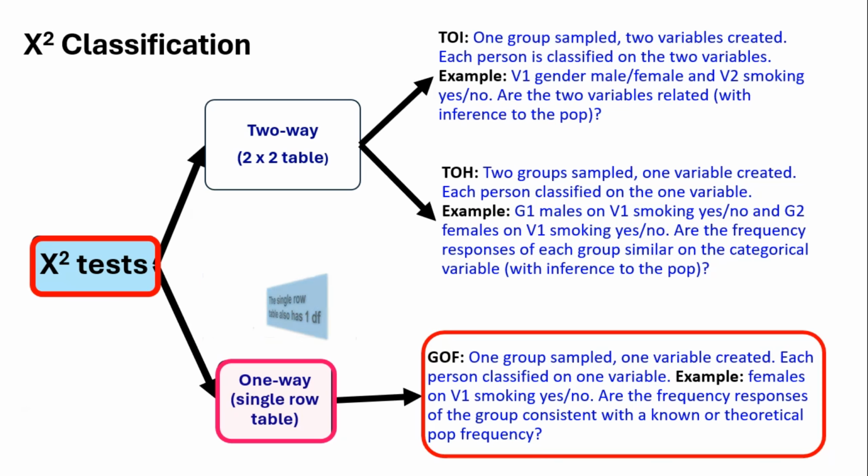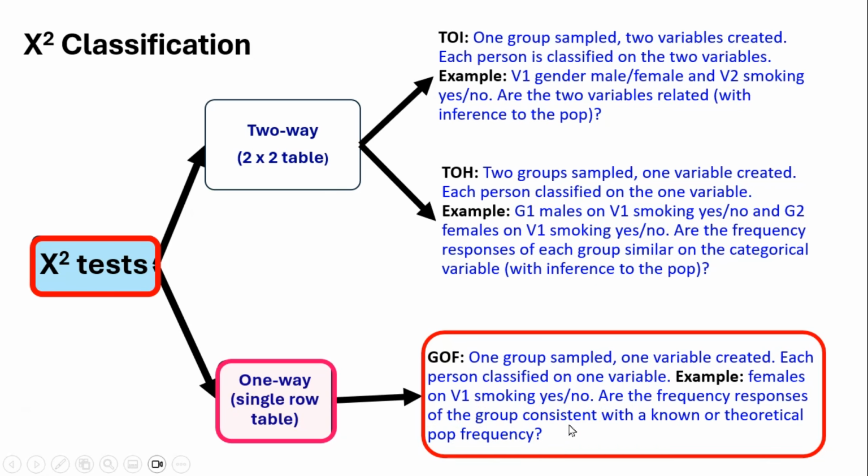So for the chi-square goodness of fit test, we have a situation where one group is sampled and one variable is created. Each person is classified on the one variable. For example, females on variable 1, smoking, yes, no. And in this case, your question is, are the frequency responses of the group that you have, your sample, consistent with a known or theoretical population frequency?